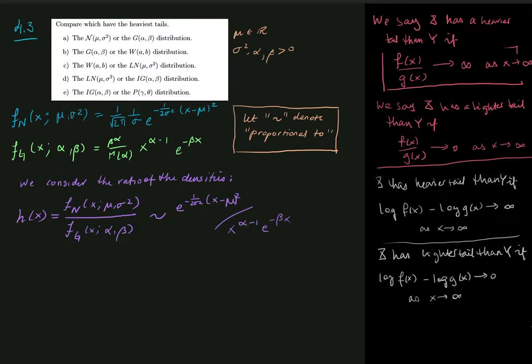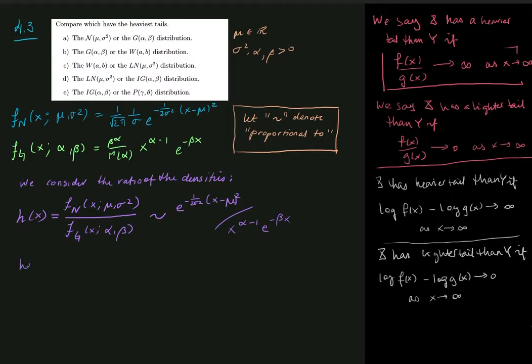Now what we notice quite quickly is that I have an exponential here and an exponential here, and they're not that fun to play around with, which is also why we can use the trick from the exercise notes that tells us that we can look at the tails by considering the logarithm of this expression instead. So that is what we will do.